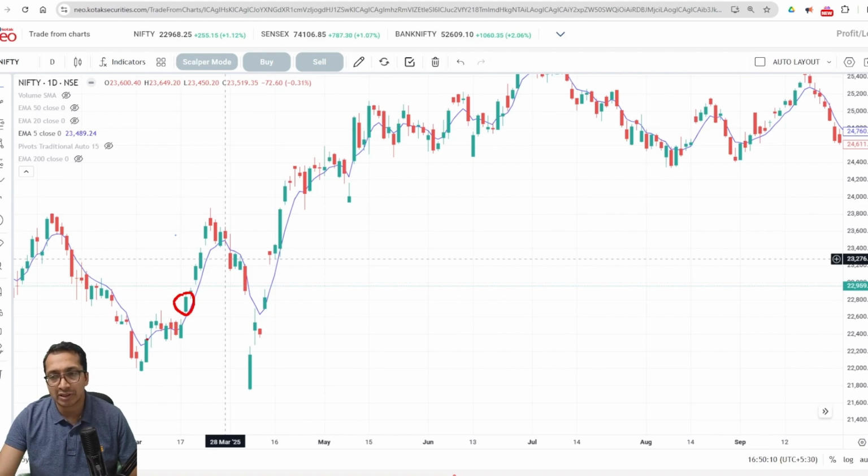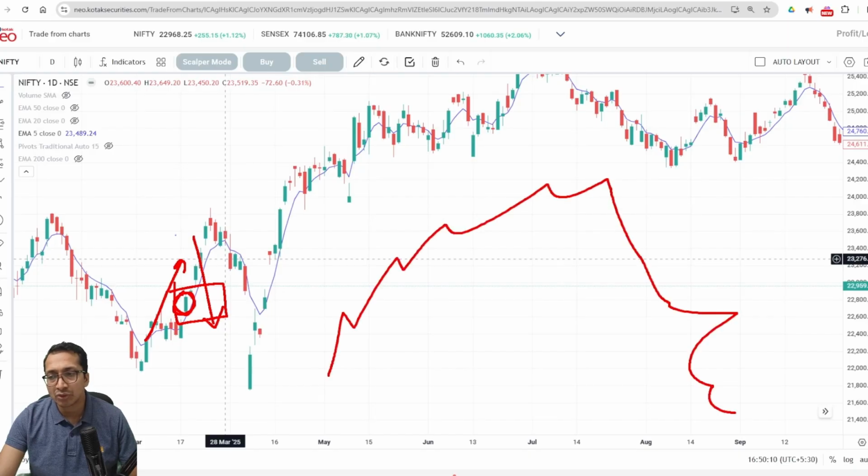It has a context to it. If this candle is formed in a higher context, it has a different meaning. If this same candle is formed in a lower context, it will have a different meaning. So first you look at the market structure, and within that, you look at the candle. Then you have to make out what this candle is going to do.